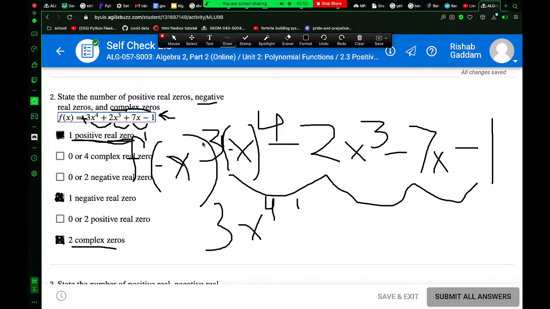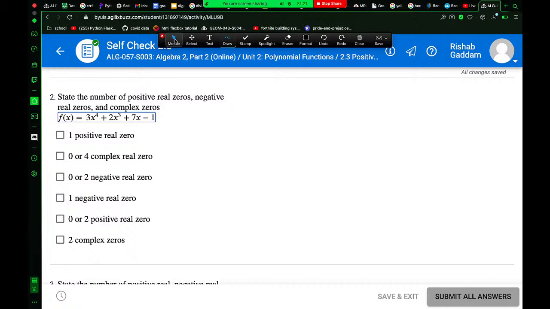This goes from a positive to a negative, and then it stays negative throughout the whole equation. There's one sign change here, no sign change, no sign change here either. So there's still only one negative real zero, and so you have two complex zeros. Good job, Middleish.